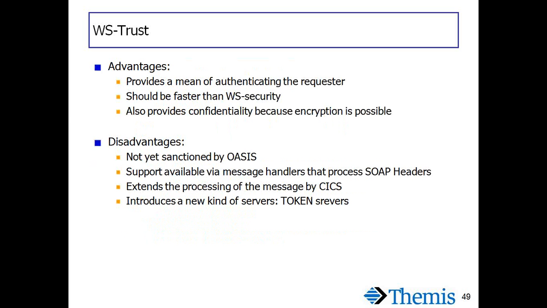Advantages: we can do authentication faster than WS Security. It says not yet sanctioned by OASIS, not fully blessed. It's not cast in stone yet, shall we say. It is available by adding a couple of extra message handlers, and it does extend a bit. CICS will automatically go to the token server of your choice, be it Thwart, eSign, VeriSign, eTrust, whatever it may be.